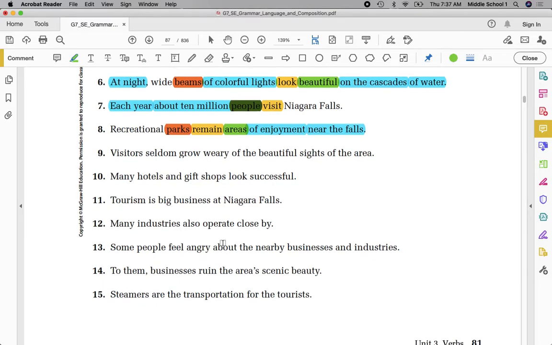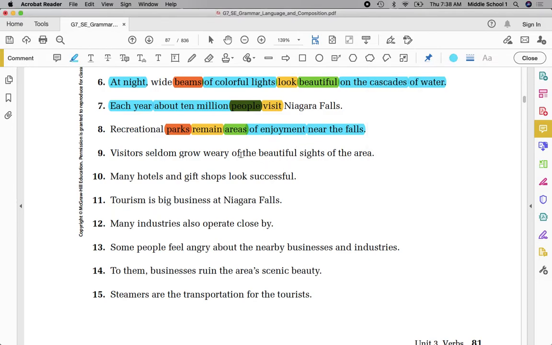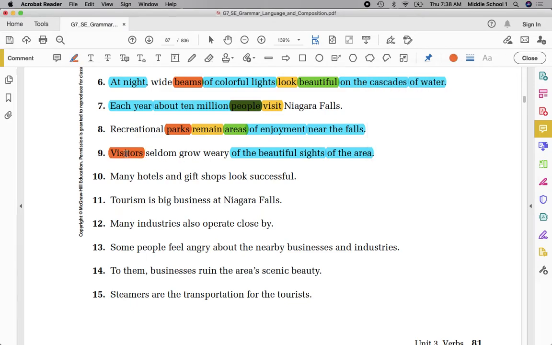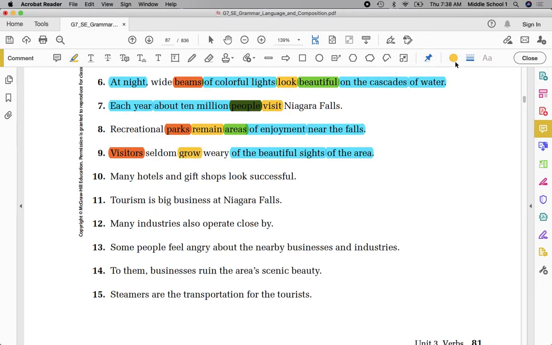Number 9. Visitors seldom grow weary of the beautiful sights of the area. Again, I can't stress how important it is to be able to identify the prepositional phrases in these sentences. Now look what's left. What is my sentence talking about? Visitors. What do visitors do? Grow.